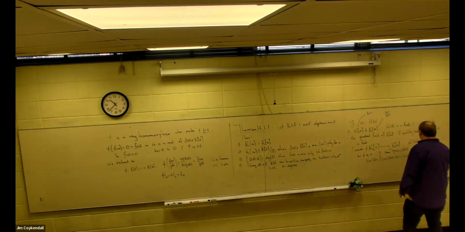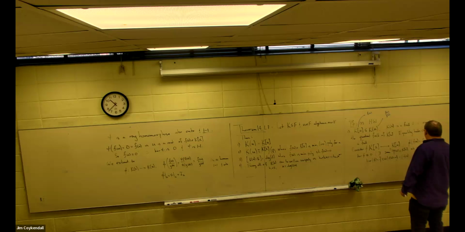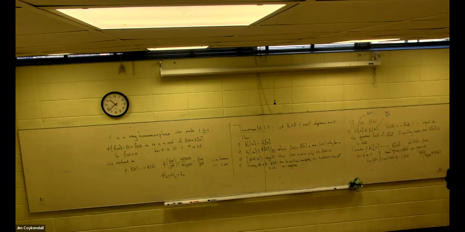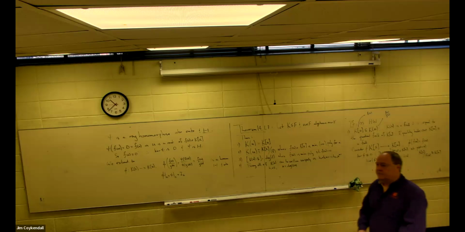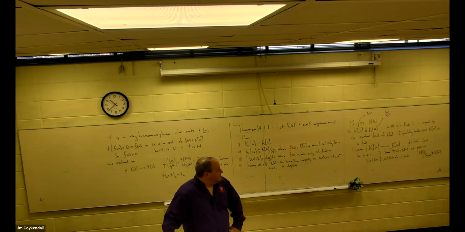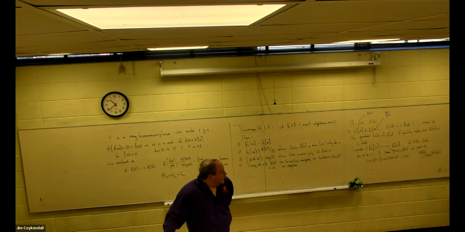So by the first isomorphism theorem, K[x] modulo f of x is isomorphic to K[u], because the homomorphism, by definition, really, is onto. Everybody agree with that? What can you say about f of x?